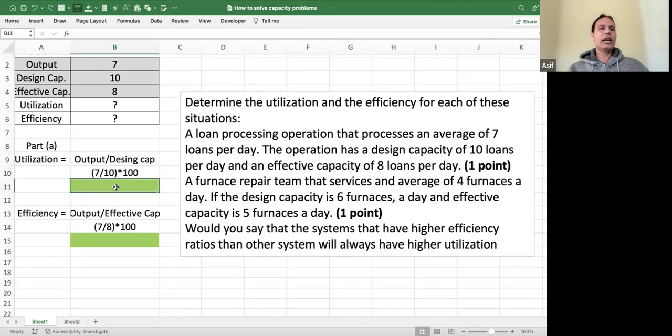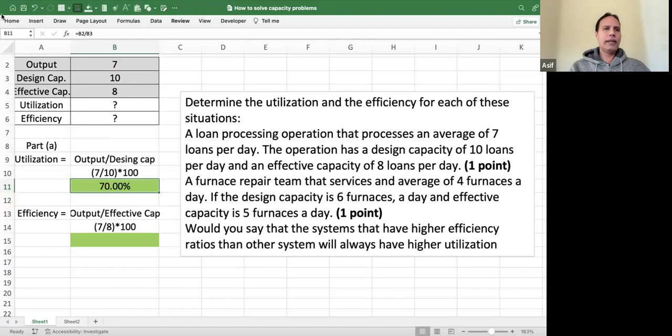Now, in the last step, we are going to do the actual calculation. For the actual calculation, I will have to start with an equal sign, and it is output 7 divided by design capacity. And you can add here multiplied by 100, or there is another way. If I hit enter, that gives me this 70%.